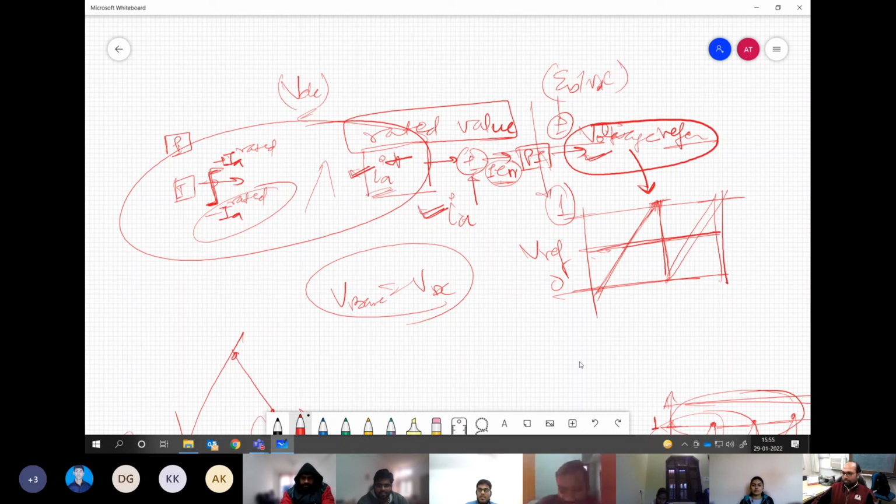Sir, what is the permissible range of speed we can vary if the rated speed is 1000 RPM? Can we operate at 100 RPM? Yeah, you can operate. Anything below rated speed you can operate. Make sure you don't have provision for operating at negative speed. You are only providing positive voltage.